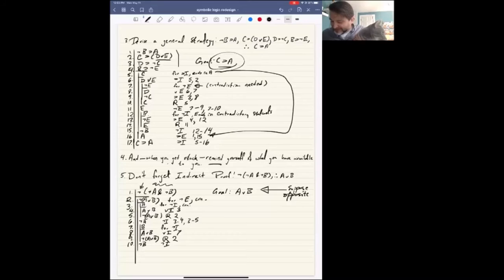So if we have not B here, then we can assert at step 11, not A and not B. And that will be via conjunction intro, which follows from 6 and 10.